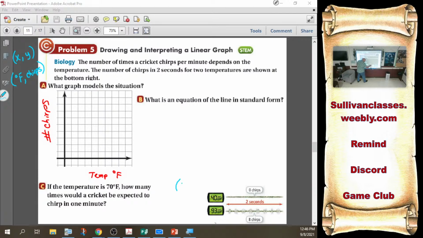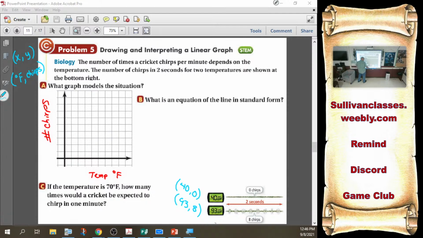At 40 degrees, there's 0 chirps. What else? There you go. 93, there's 8 chirps every 2 seconds. They said number of chirps every 2 seconds. Do we want our graph to go by chirps every 2 seconds, right at the beginning?